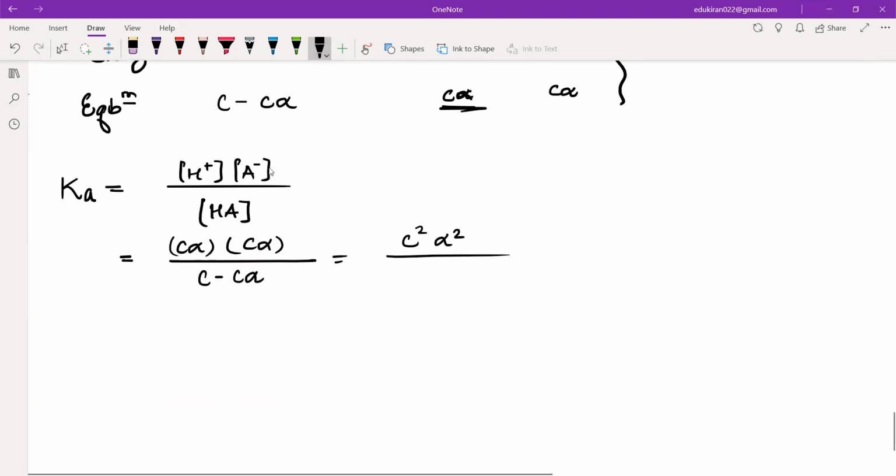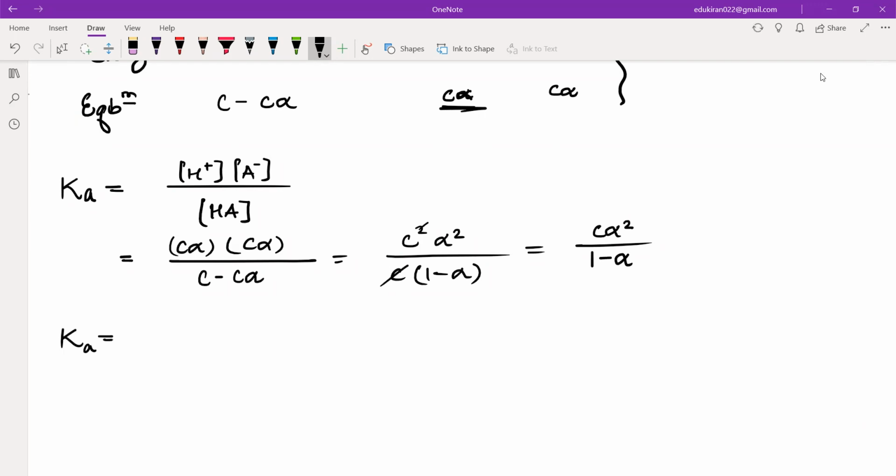I can write this as C into 1 minus alpha, taking the C common. Now I can eliminate this C and this C. This will be equal to C alpha square divided by 1 minus alpha. So Ka is equal to C alpha square divided by 1 minus alpha.